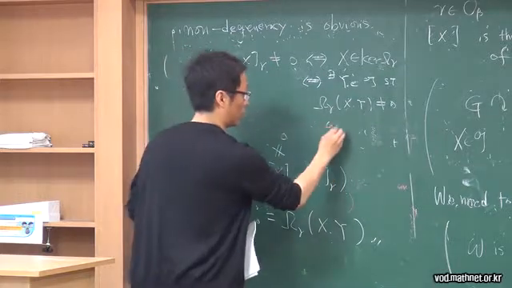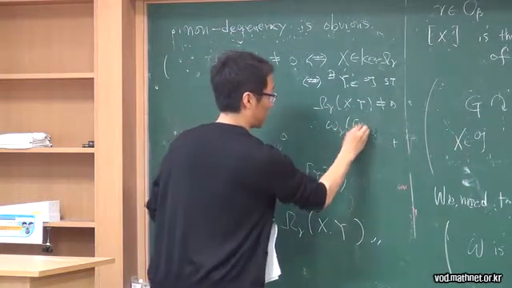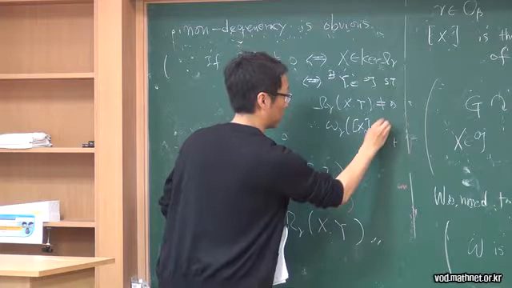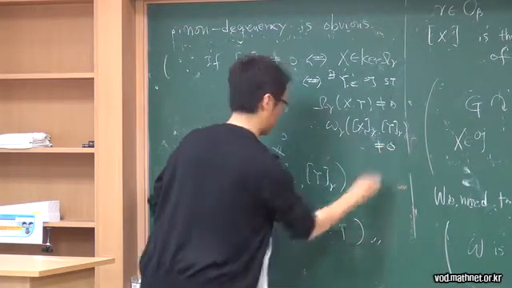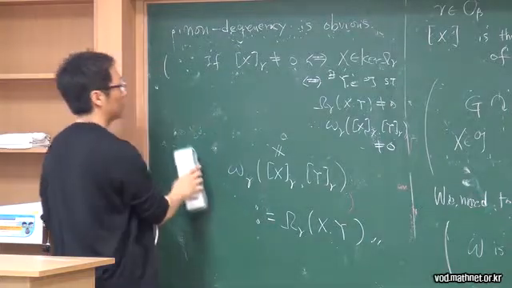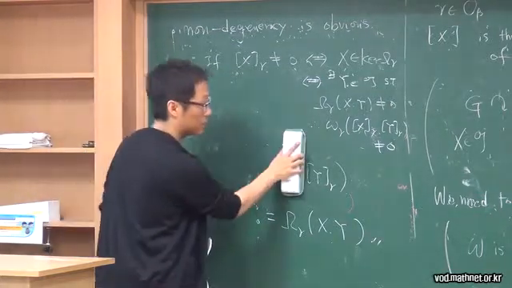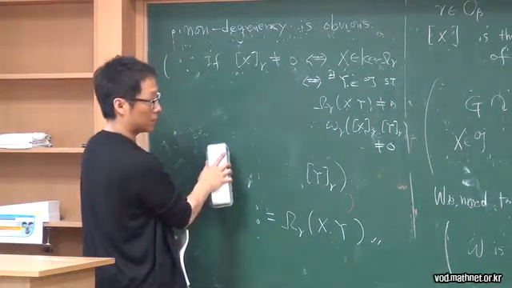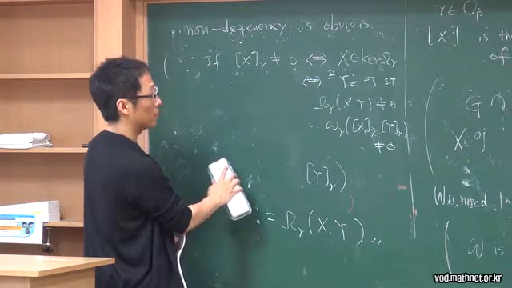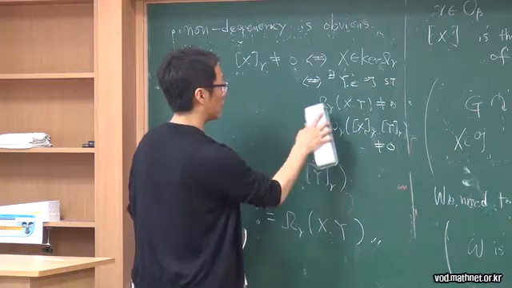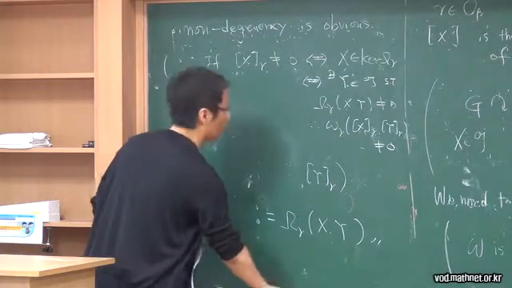So omega gamma is non-zero, right? So omega x gamma is not zero if and only if x is corner omega y, or what do you mean? The first one. This one?